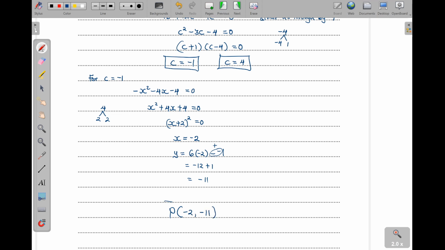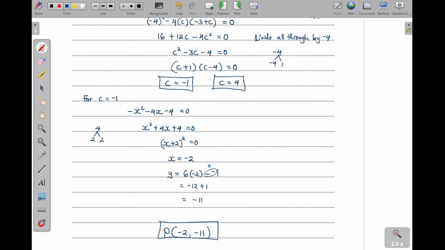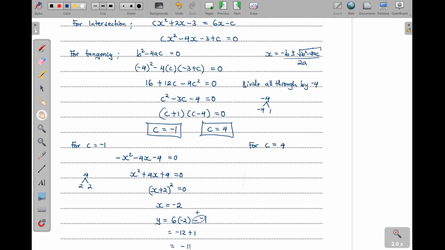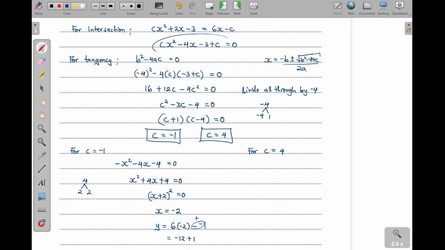So the corresponding coordinates of P here are going to be negative 2 and negative 11. Similarly, for c equal to 4, we go back to this equation here and substitute accordingly. So we shall have 4x squared, then minus 4x. Now here we shall have negative 3 plus 4, which gives us a positive 1.